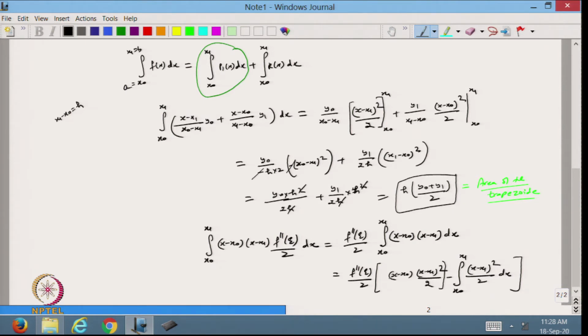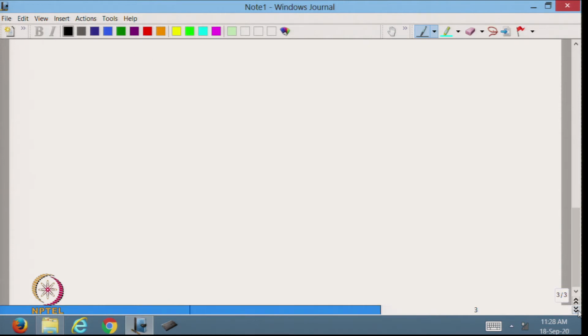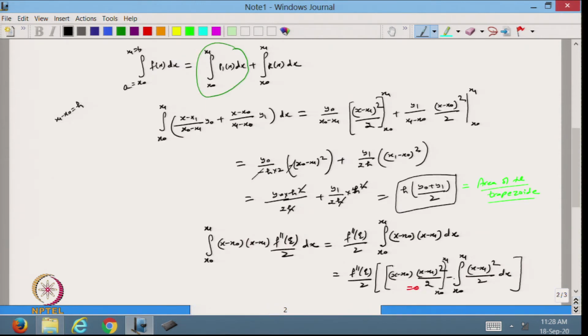Now if I substitute the limits here also, if I put x1 this will be 0, and for x0 it will also be 0. So this part is equal to 0. From here I am left with this value: f double dash xi over 2, and then I do the integration.